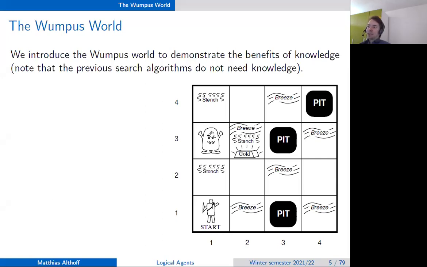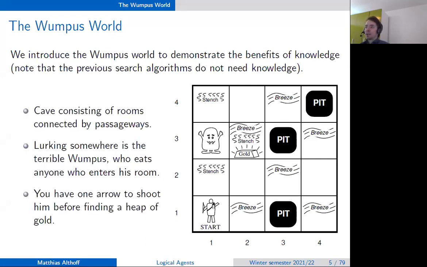So then you ask yourself, why am I even entering this cave system? The reason is that you know there is gold in one of the rooms. So here next to the Wumpus is the gold, but it can be anywhere. And you just see the gold when you're in that room, and then you can pick it up and take it home. And if I'm not mistaken, this has been realized as a computer game many, many years ago. You can imagine like you can browse these rooms with arrow keys and try to make as many points as possible.